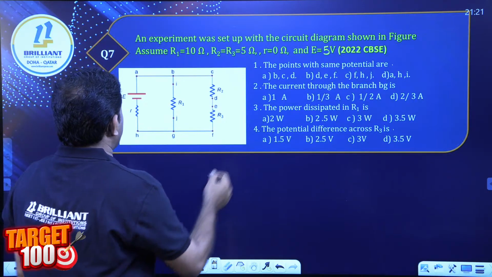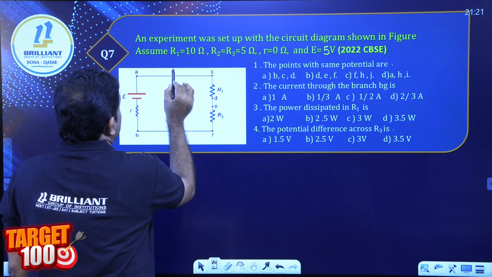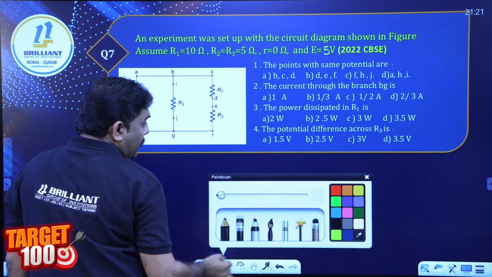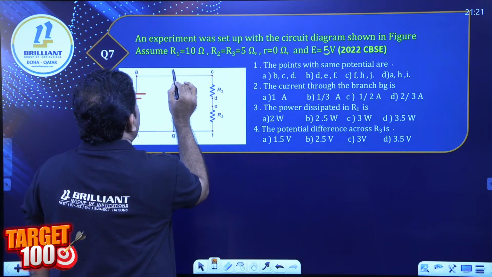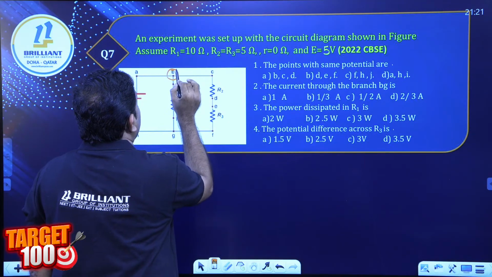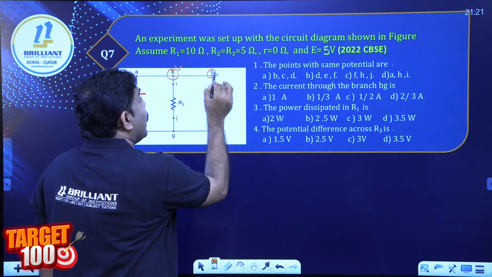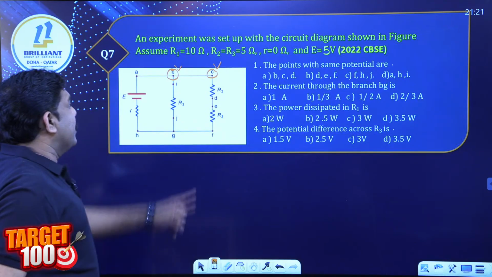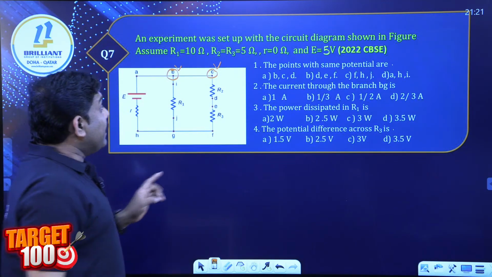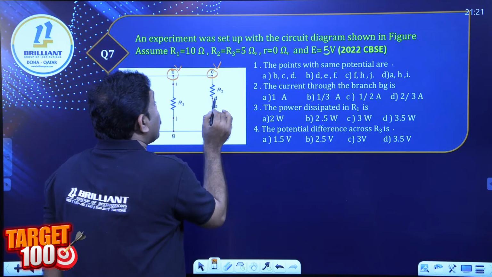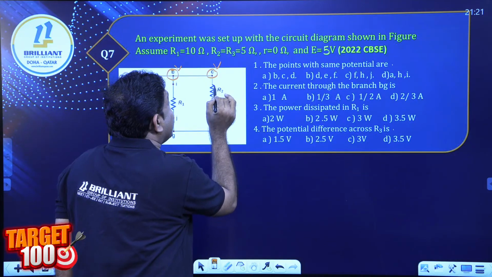We can say first option B, C and D. Look, suppose I am considering the potential at the point B is V. At the point C also it will be V, because there is no drop between B and C. But they are giving D. D potential is not same, because when current flows through R2 there is a resistor here.